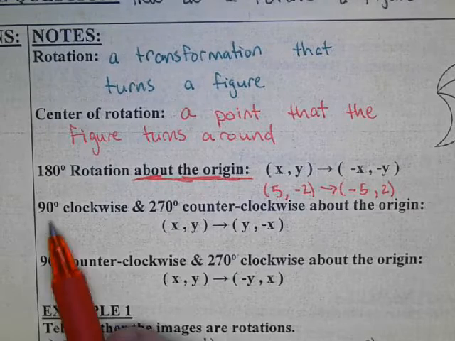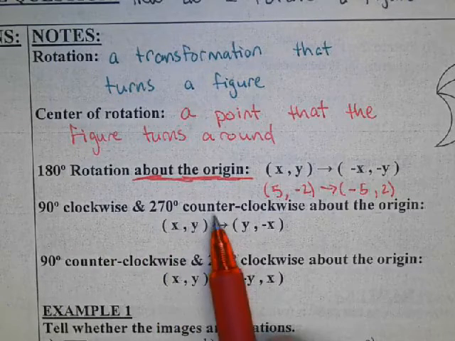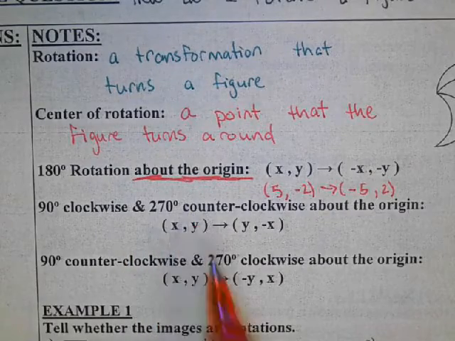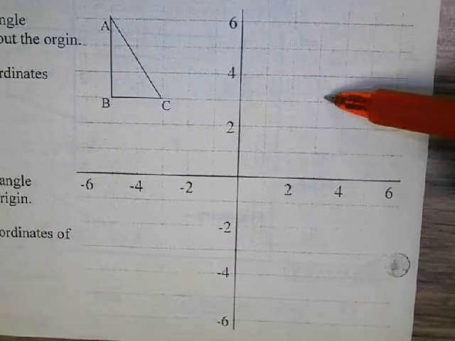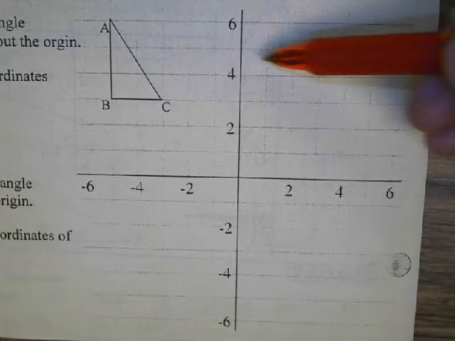So now we're doing a 90 degrees clockwise and a 270 degree counterclockwise. So these are the same kind of turns, because let's look at this coordinate plane down here. Say I'm starting up here. If I turn 90 degrees clockwise, I'll end up going in a rightward direction.